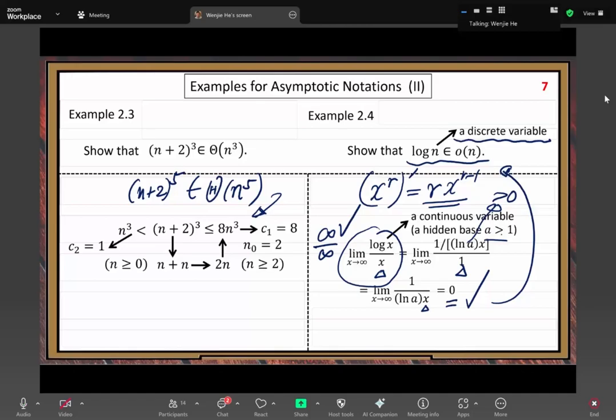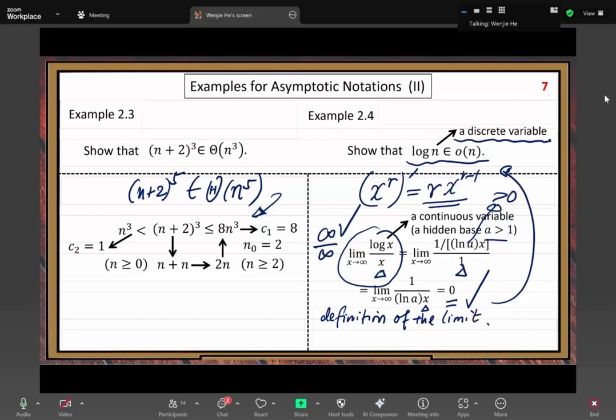Here we need to use the definition of the limit. So we need to recall the limit concept.